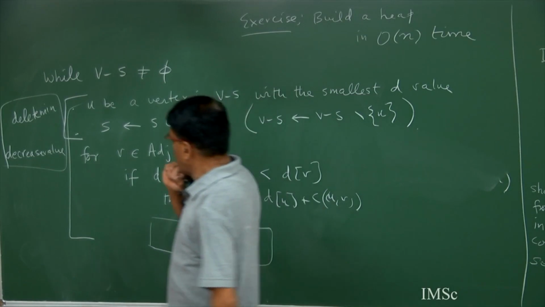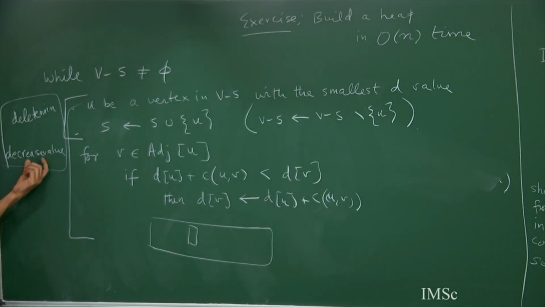Okay, good. So, now can I do this in a heap, decrease value? How would I do it? In logarithmic time. So, delete min we already saw, we can use a min heap, but if I also want to support this decrease key operation, how can I do it?